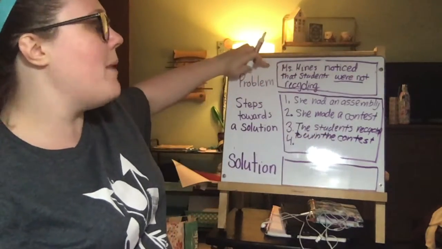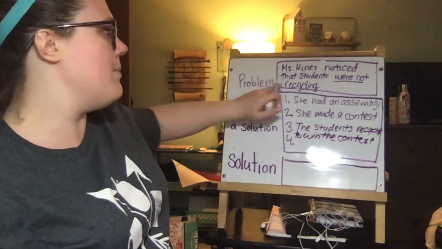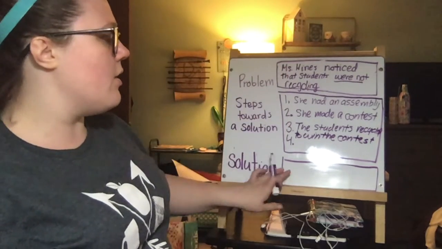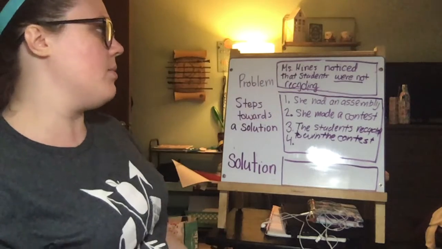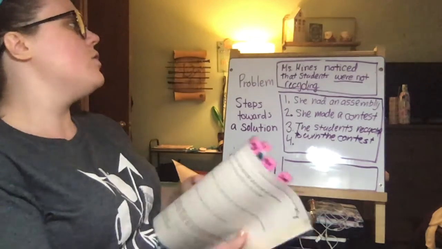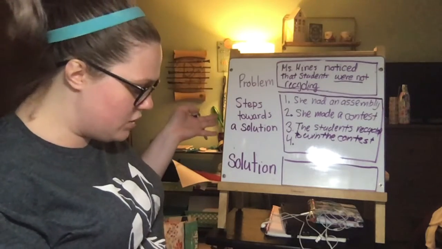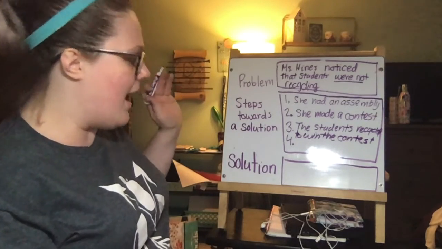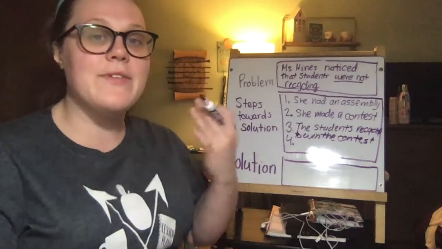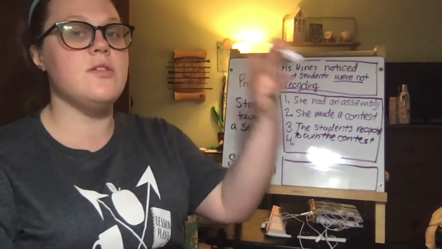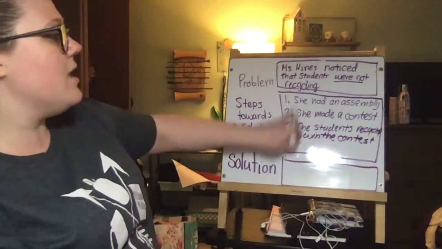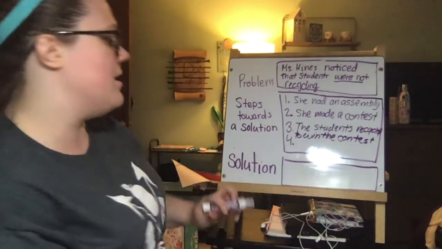But we want to go back to the problem, and we want to remember that our solution is going to go directly to the problem. So Ms. Hines noticed that students were not recycling. So her solution was to have a contest to make the students recycle more. And we can see this through the steps that she took.